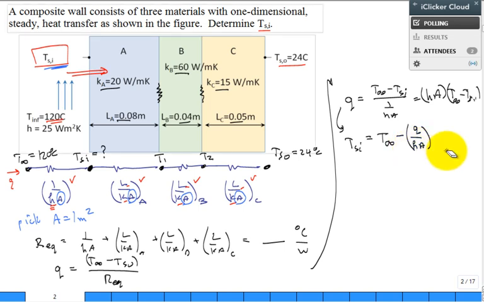Or if you wanted to, you could write it as T infinity minus Q times R convection. And now somebody says, well, calculating Q is an intermediate step. Why can't I just bring this part up?